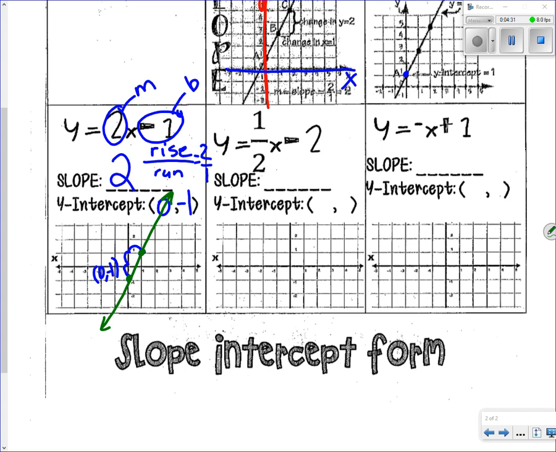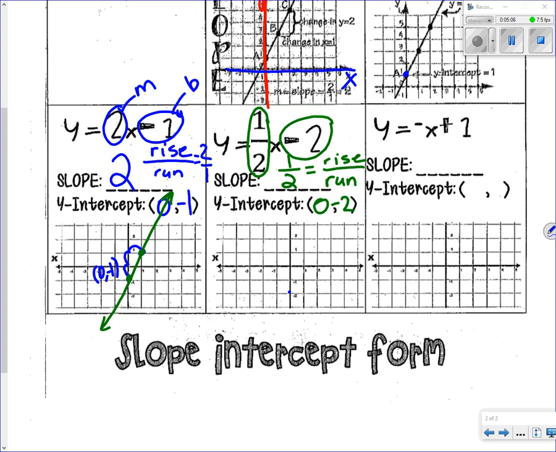Okay, so let's move on to our second example. Here is our slope. So our slope is 1 over 2. So our rise is 1, our run is 2, our y-intercept is negative 2, and on your y-intercept, of course, since it's intercepting the y-axis, your x is always 0. Okay, so let's plot those. You want to plot your y-intercept first.